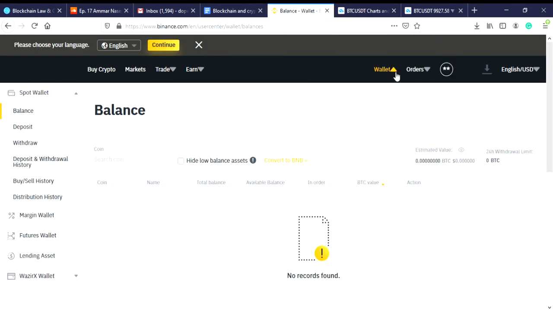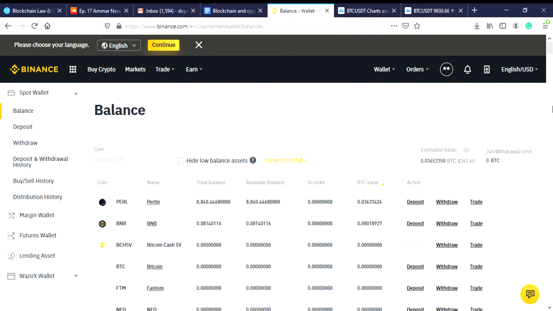This is what I use for trading, and I traded quite a lot and made some profit. At the moment, I have just $362 I'm trading, and this is one of the cryptocurrencies I'm trading.